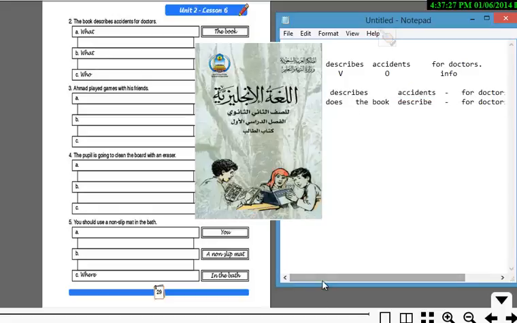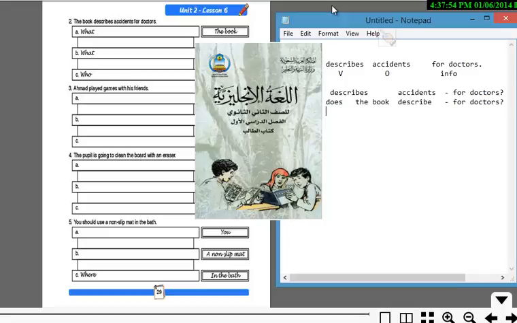Now, let's move on to the other part here. The last one, C, who. And we need to ask about the doctors. So I'm going to actually focus on asking about the information, the last part. So I'm going to say who, and let's try to put the sentence again in the same order.